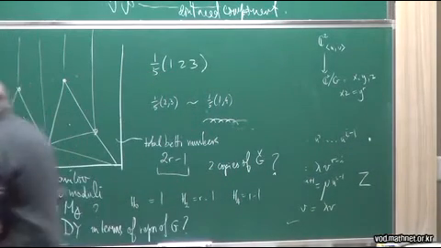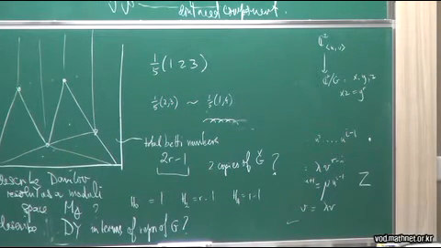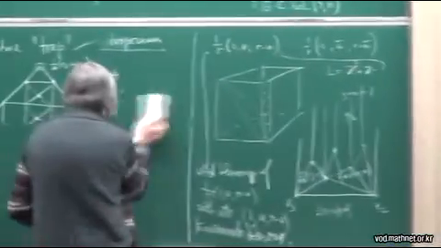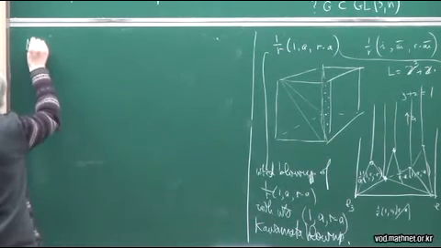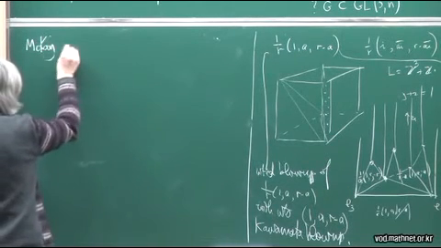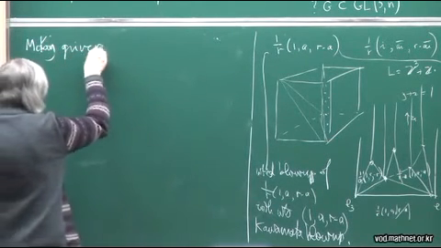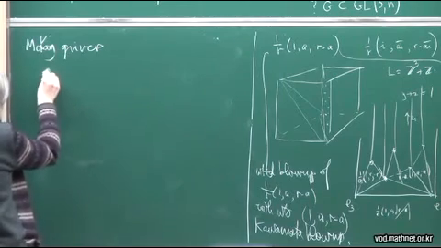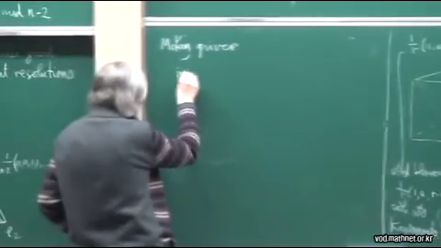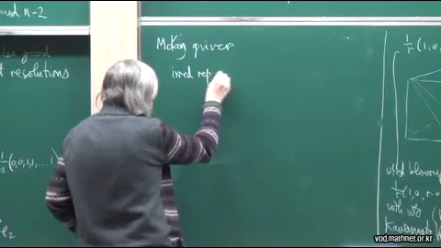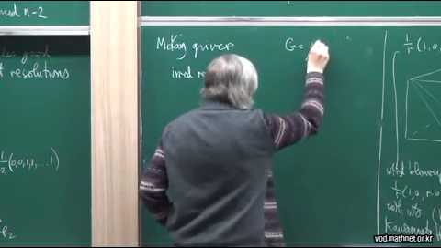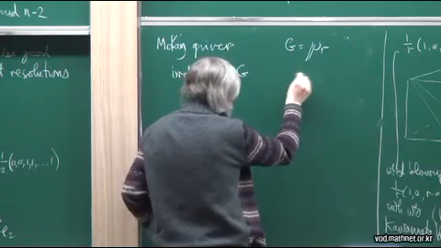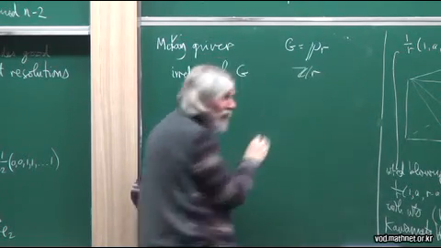So let me just explain what you have to do to get results of this nature. The McKay quiver. I take irreducible representations of G. In this case, G is mu r, and so irreducible representations are elements of Z mod r.